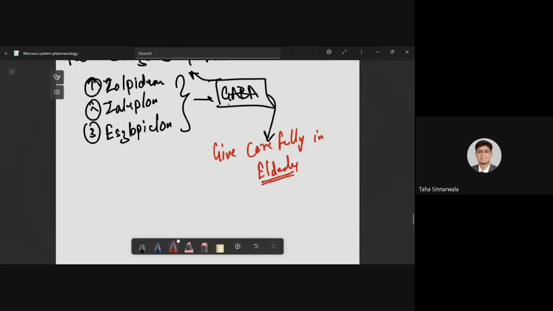Why in elderly? Because it is blocking GABA. So if it blocks GABA, then you know that it will cause some kind of sleep, and you don't want to give it because you might increase the risk of delirium, you might increase the risk of falls. So much better to put them on something else.